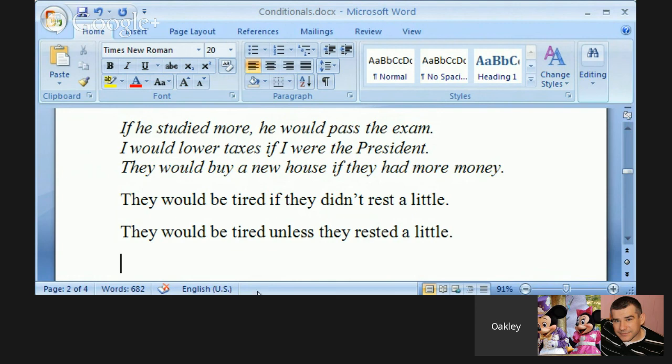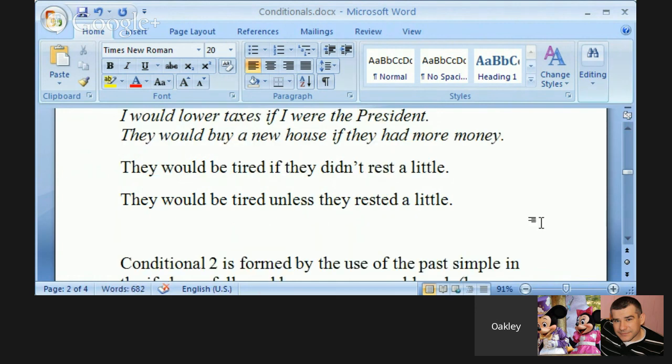Alrighty, Adam, you want to give this a shot? Okay. If I lived in the 14th century, I might possess a castle.